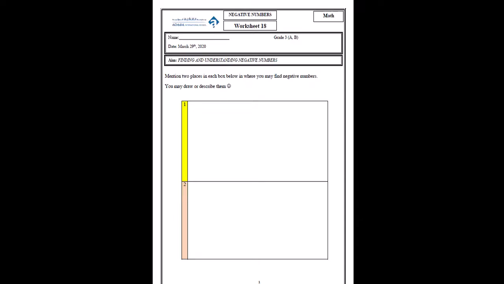Maybe around you at your house or anywhere. Try to find out where. You could just draw something here to describe where you could see the negative numbers, and you can describe it. So you can draw on both boxes and describe to me and tell me where could you find these negative numbers. So it's an easy exercise just for fun.